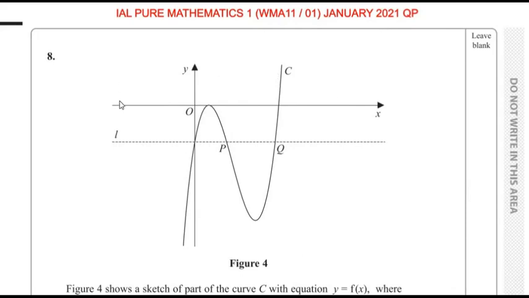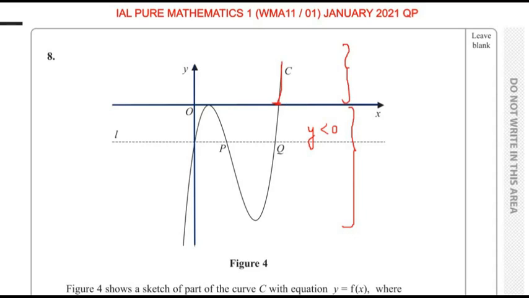As you can see here, this is the original x-axis, this is the y-axis, and this entire portion of the curve is below the x-axis. That means my y is less than 0 at this portion of the curve, and it goes above 0 for this portion of the curve, that is only from this point upwards.